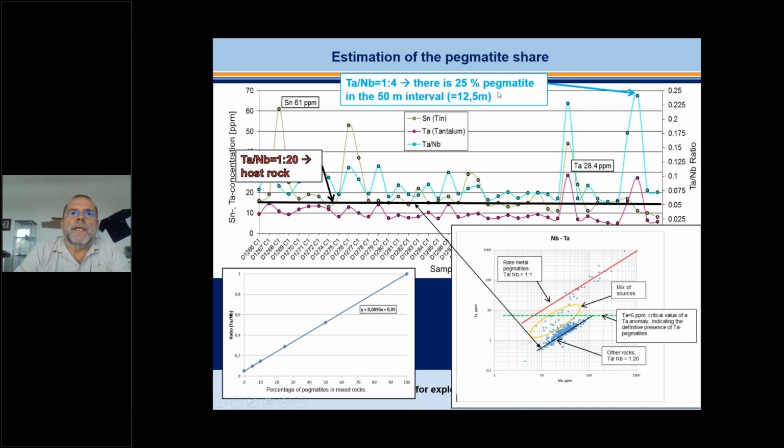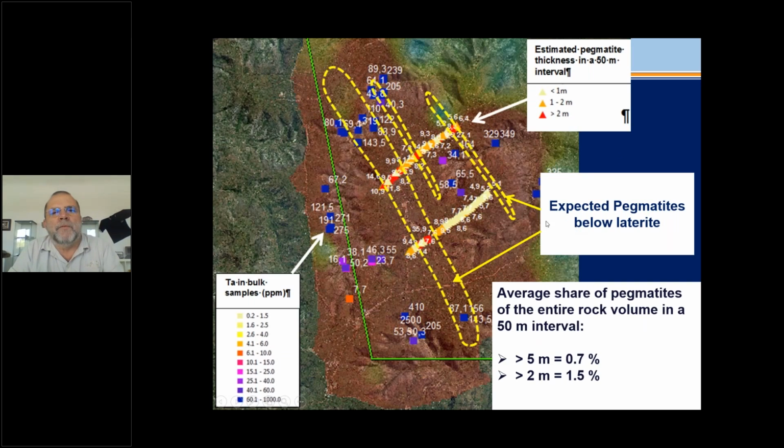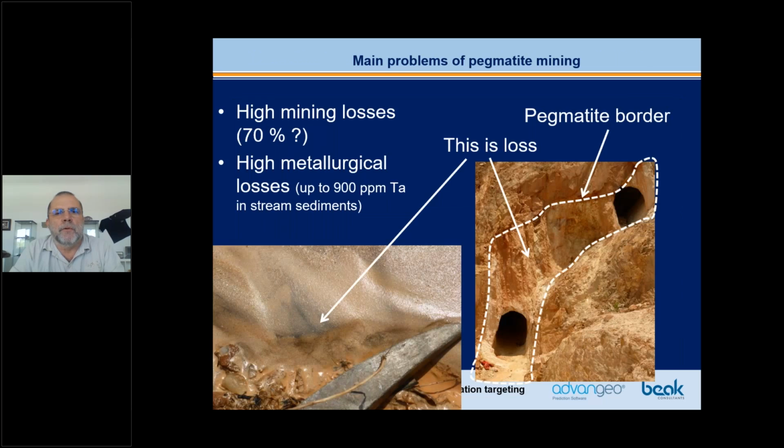Means if we have here a ratio of 1 to 4, we can assume that 25% of this interval of 25 meter sampling is underlined, or 50 meters underlined by the pegmatite, or 12.5 meters as a very, very rough estimate. And this helps us now to outline the possible ore bodies to be followed up by drilling.